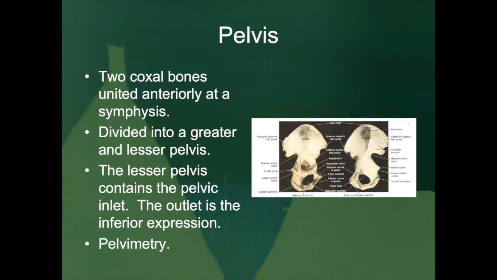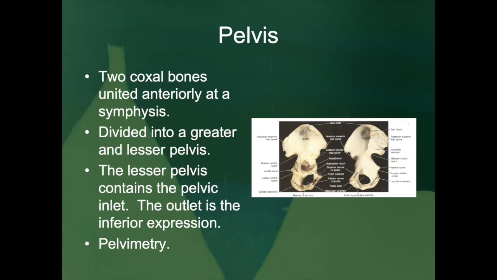The coxal bones are united to each other anteriorly at the symphysis, the pubic symphysis, or the symphysis pubis, and they unite posteriorly with the sacrum. And so we know that the sacral vertebrae, their design, and then their fusion are part of this unique phenomenon that is associated with the design of the human pelvic girdle.